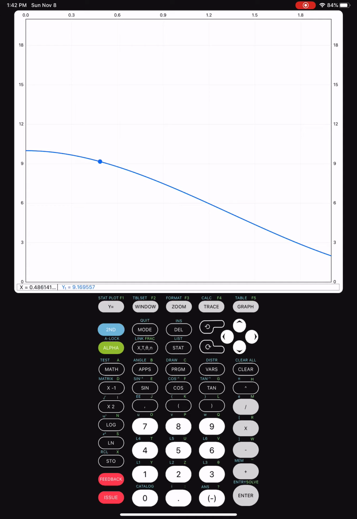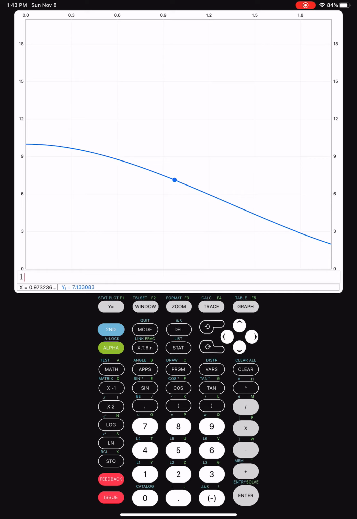Where is 0.5? It's there. I'm almost at y equals 9. But if I make my x equal to 1, I don't think my numbers are going to be very nice.